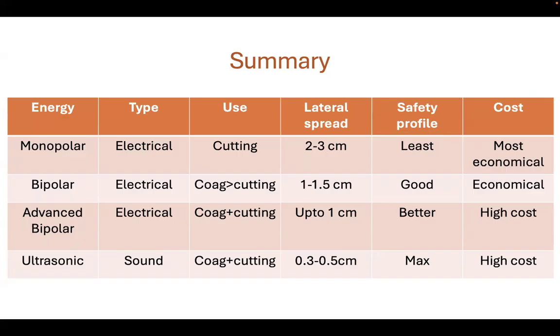Bipolar and advanced bipolar are more for coagulation and cutting. Lateral spread for monopolar is 2 to 3 centimeters, bipolar 1 to 1.5, advanced is up to 1, and ultrasonic is 0.3 to 0.5 centimeters. Safety profile from monopolar to ultrasonic goes from least to maximum. When the safety profile is least, the cost is very low, but as the safety factor and all the other features go up, the cost is also going to go up.